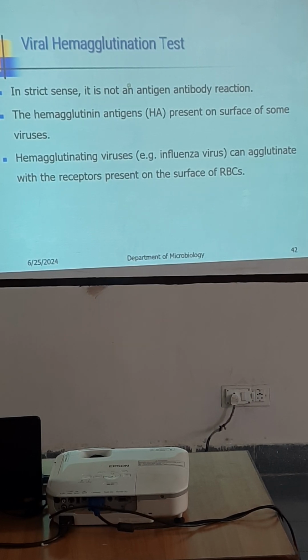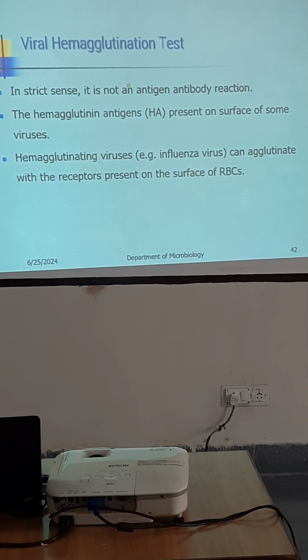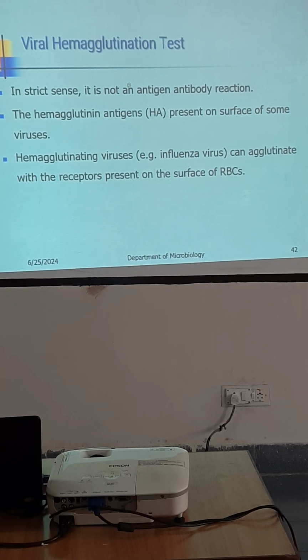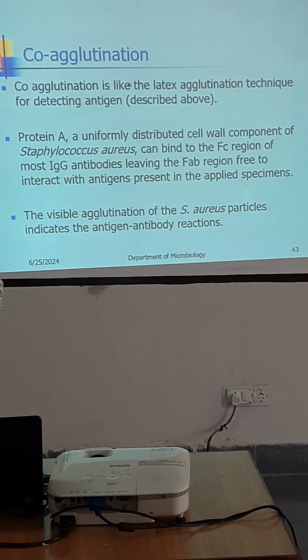Here the hemagglutinin antigens are present as peplomer spikes or projections on the surface of some viruses, for example influenza viruses, which have hemagglutinin and neuraminidase spikes. They have the ability to agglutinate the RBCs which have specific receptors on their surface. These hemagglutinins are going to attach, aggregate and clump the RBCs, causing the hemagglutination.